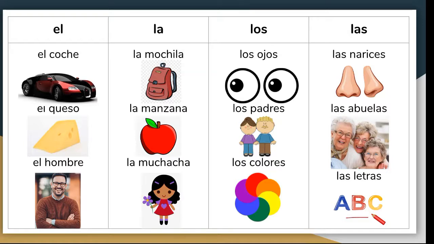So to say that the car is el coche is not saying that the car has masculine traits. To say that la mochila is the backpack is not saying that a backpack would have masculine or feminine traits. It's just the way the language is, and the sooner we learn it, the quicker we'll catch on and the easier it will be for us.